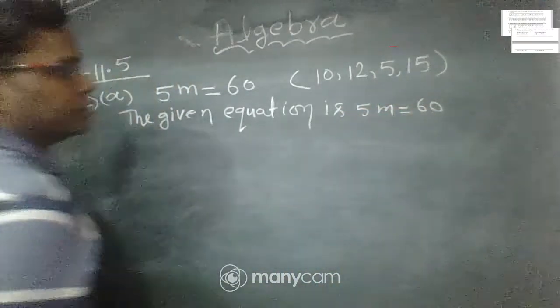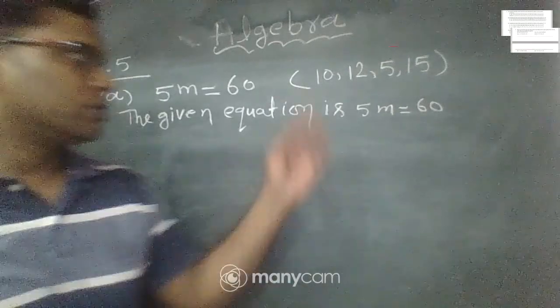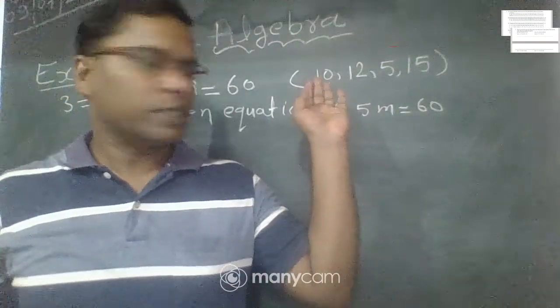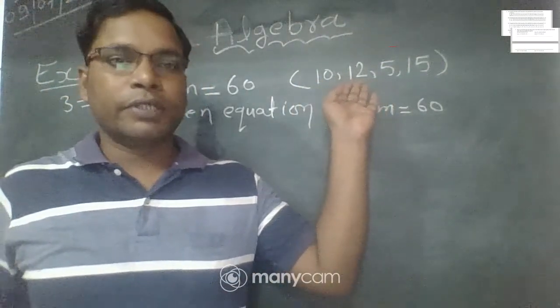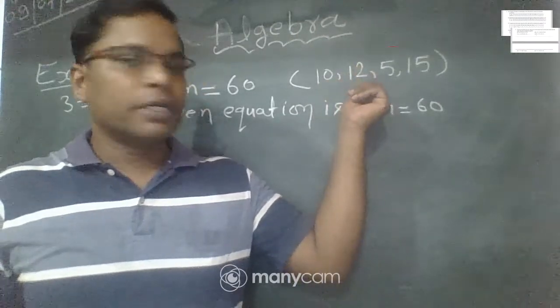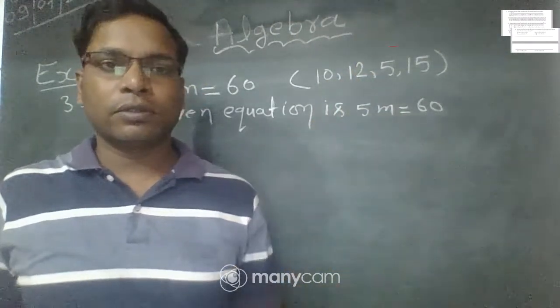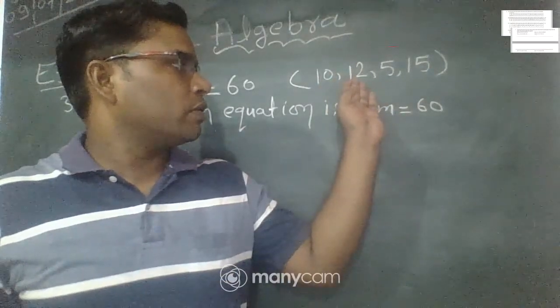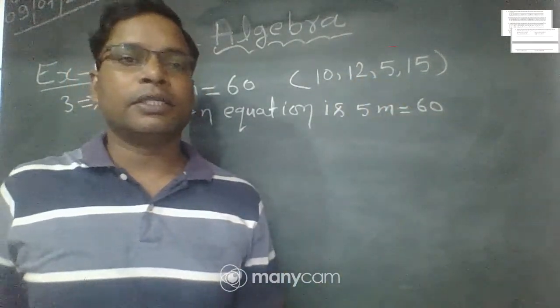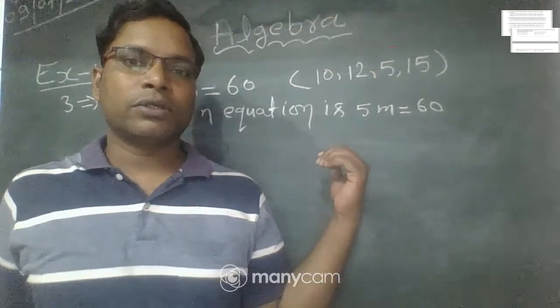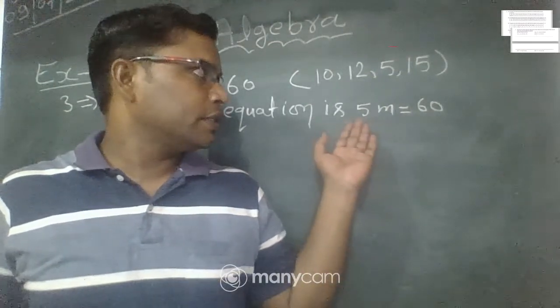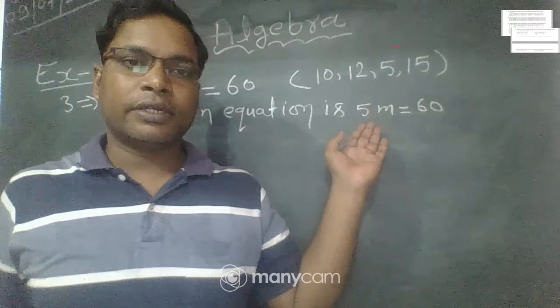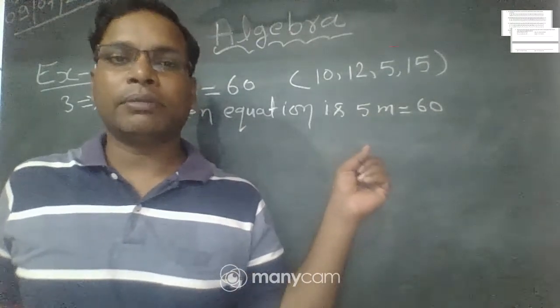Okay, this is the given equation, and here are the given solutions. Any one number among them is the solution of this equation. So we check these values of m: 10, 12, 5 and 15. We put them in the left hand side and try to find the solution of the given equation.